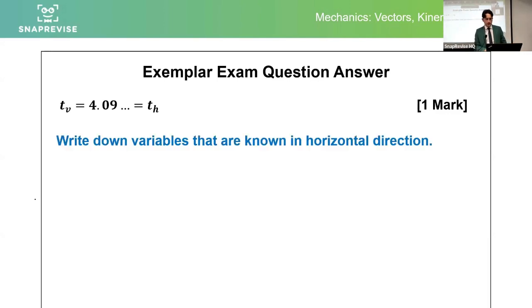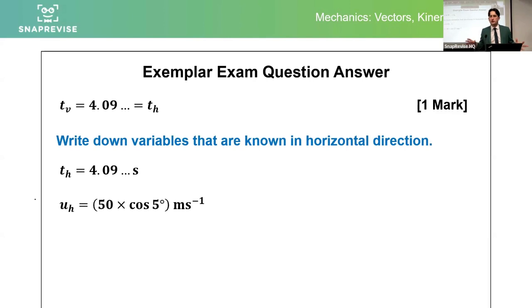Now, let's keep going. For the horizontal, there's no acceleration. We now know the time where it hits the water or the ship, and we know its horizontal velocity, which doesn't change. So you're literally using speed, distance, time. All the SUVAT equations would turn into speed, distance, time if a is 0.